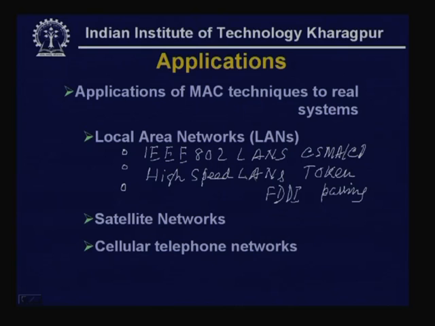So, in high speed LANs both CSMA/CD and token passing protocols are used, and there will be another local area network, that is your wireless LAN, where we shall find the use of the CSMA/CA protocol.